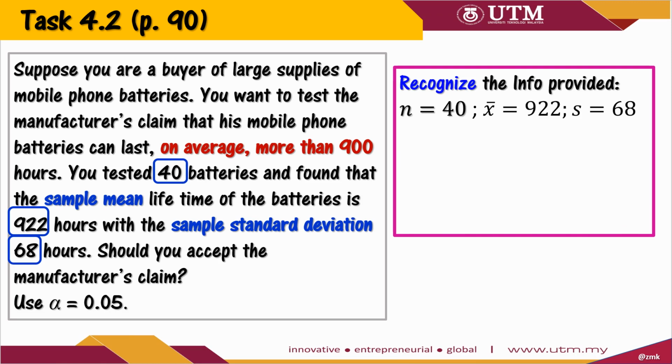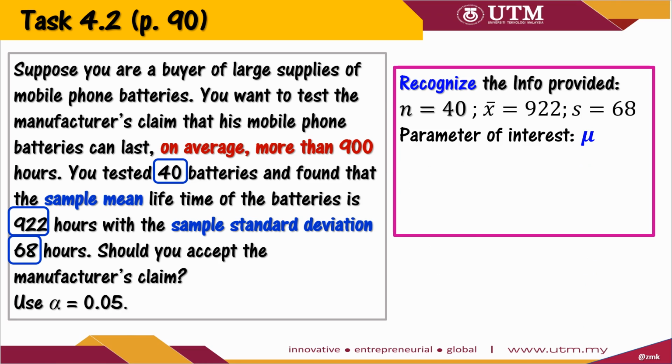Next, what is the parameter of interest? Since we want to test the manufacturer's claim about his battery's lifetime, that he claimed can last on average more than 900 hours, then the parameter of interest here is the mean lifetime, which is mu.